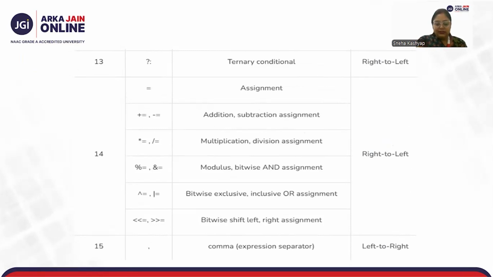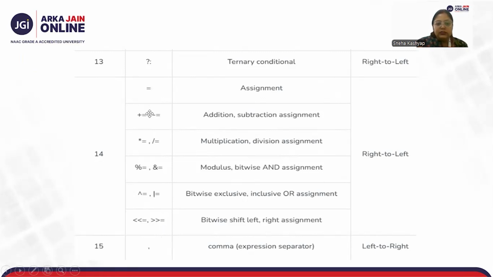Next is ternary conditional operator. So ternary conditional operator has an associativity from right to left, and it has a precedence value of 30. Next is assignment operator, addition, subtraction assignment operator, multiplication, division assignment operator, modulus assignment operator, exclusive OR and inclusive OR assignment operators, bitwise shift left and right assignment operators.